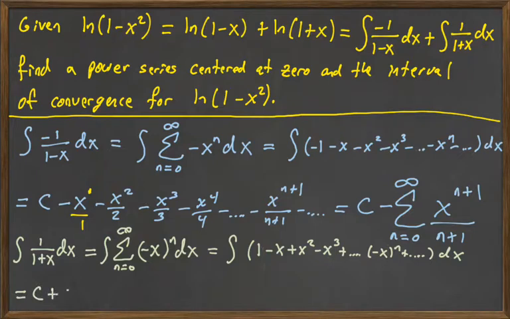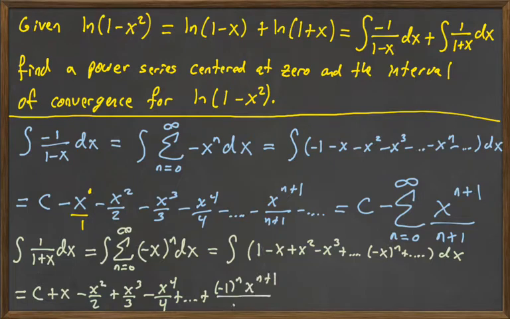So when we integrate that, we get a constant of integration plus x minus x squared over 2 plus x cubed over 3 minus x to the fourth over 4 plus etc. Negative 1 to the n, x to the n plus 1 over n plus 1 plus etc.